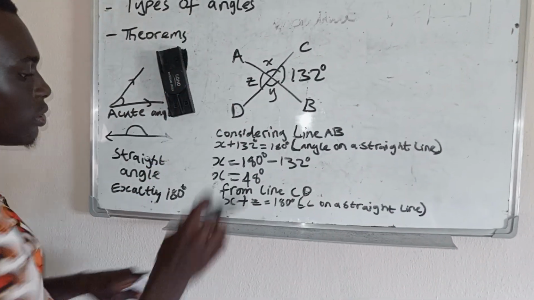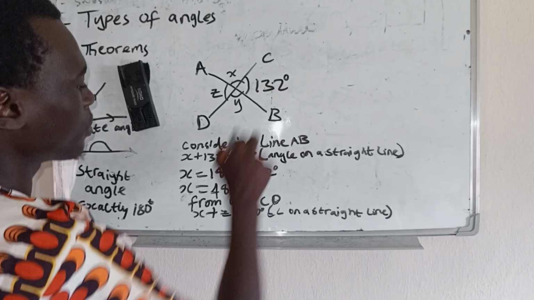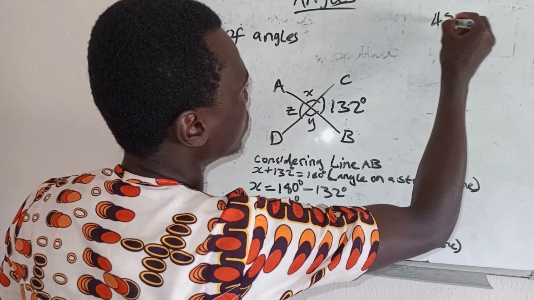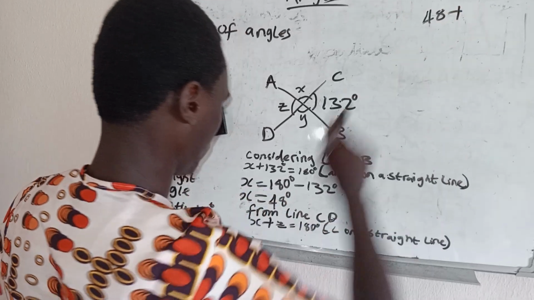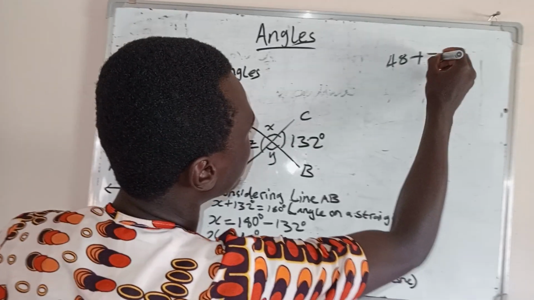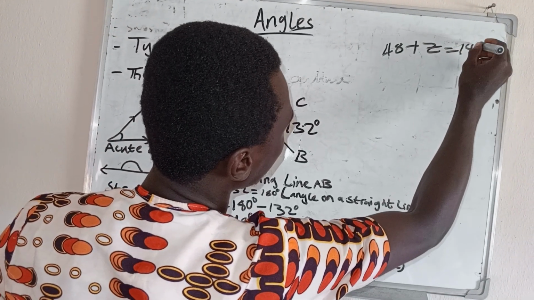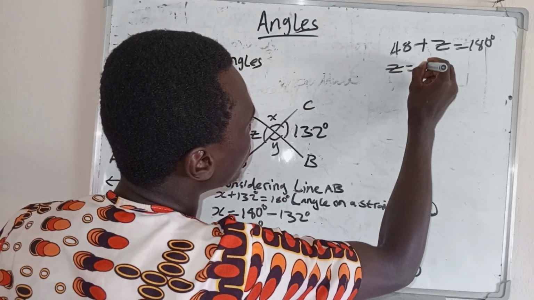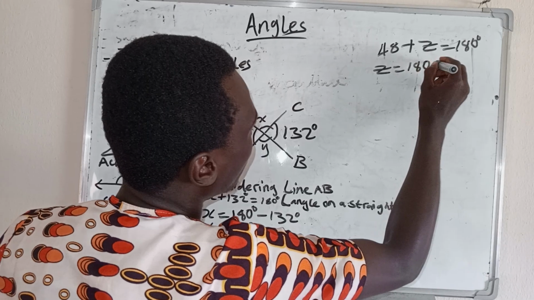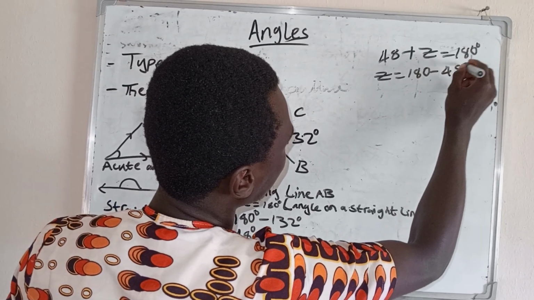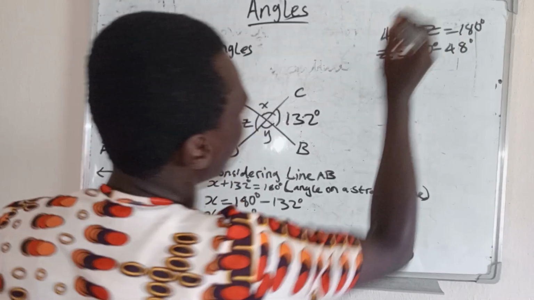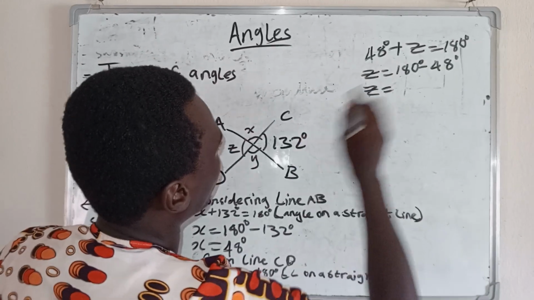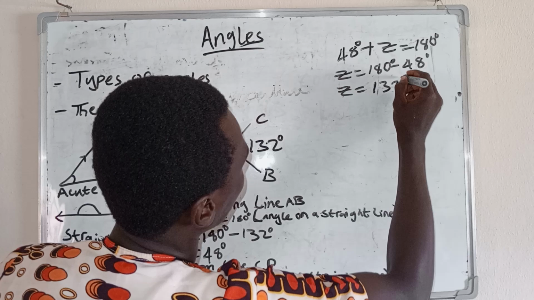Okay, so now our X, we already know our X to be 48. 48 plus Z, we don't know Z, plus Z equals 180 degrees, and so therefore Z is equal to 180 minus 48 degrees, and then Z equals 132 degrees.